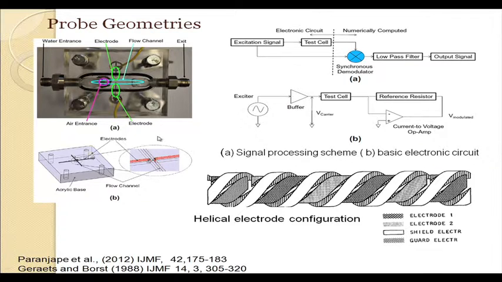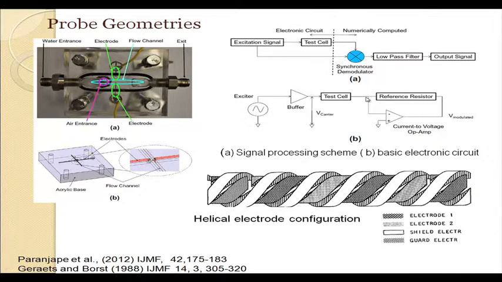In this particular auto balancing bridge, since it operates in the capacitance mode, an exciter signal is passed, and then the current which moves to the test cell is sent through a reference resistor.